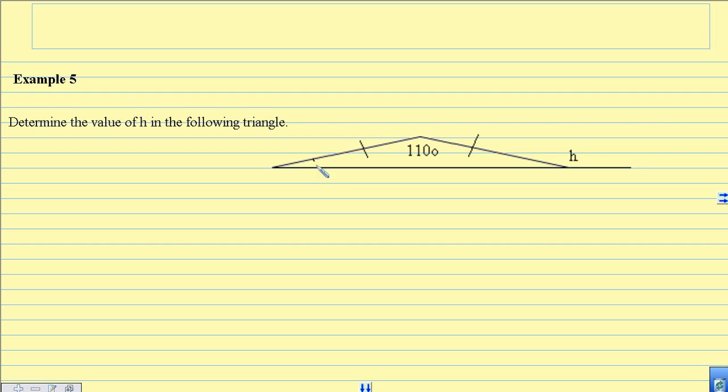Well, that means that this angle and this angle are the same. So if these two angles are the same, we'll label them x and x. That means that 2x plus 110 degrees equals, sorry, not h, but 180 degrees.